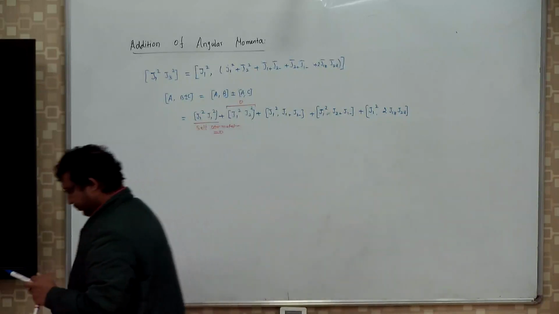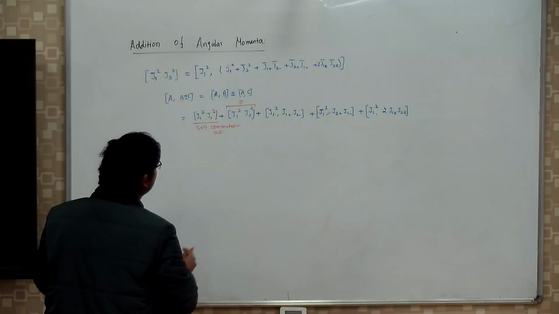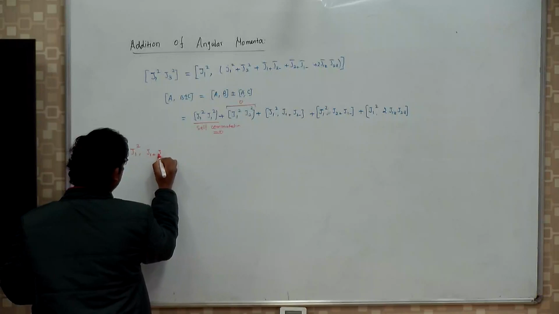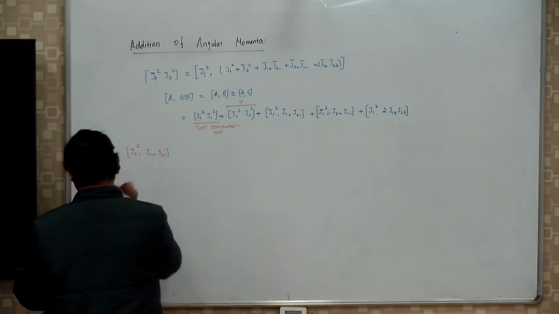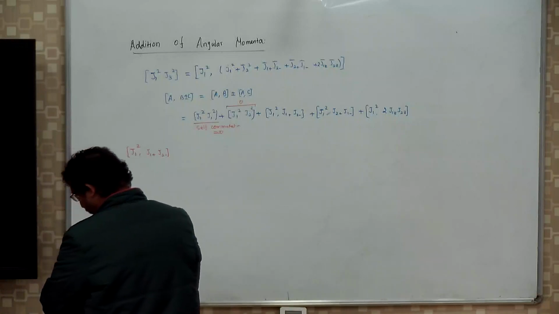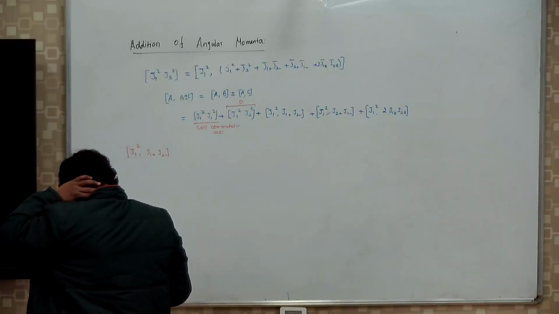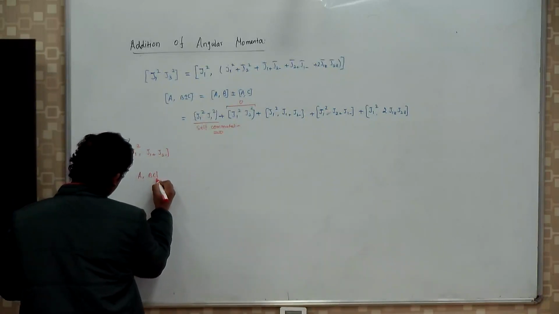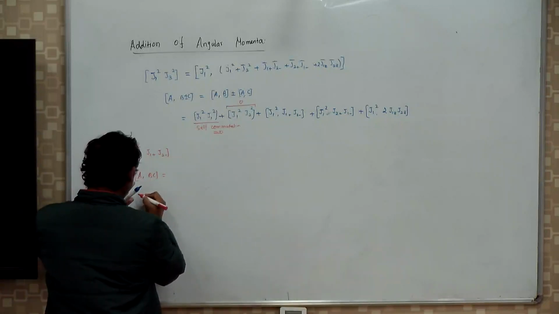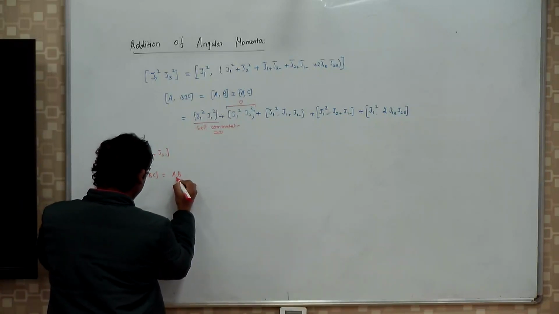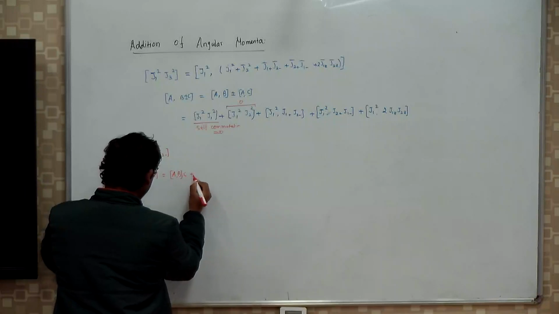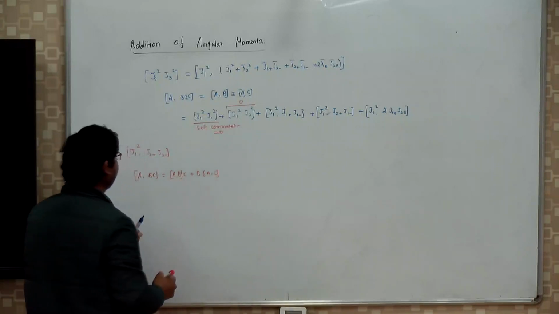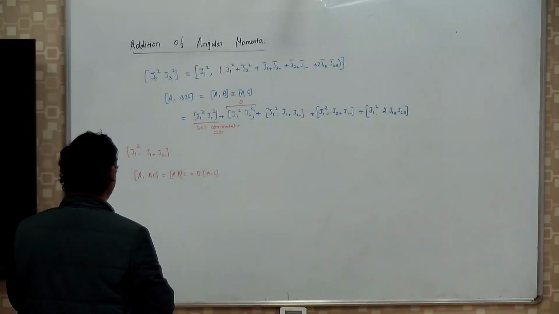Now come to the third term, J1 squared comma J1 plus J2 minus. Again, if you look here, it is a commutation of the form A comma BC. By keeping C, A commutes with B, and by keeping B, A commutes with C. This is the commutation identity.